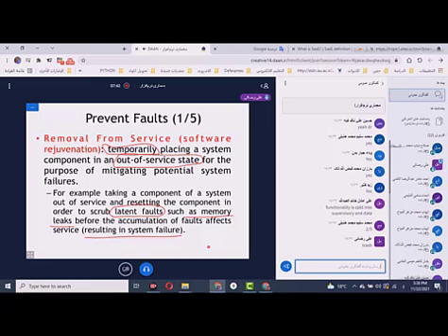So when we put our software components in and out of service, we can make sure that those memory leakages may be resolved, and the program can start with a fresh state.